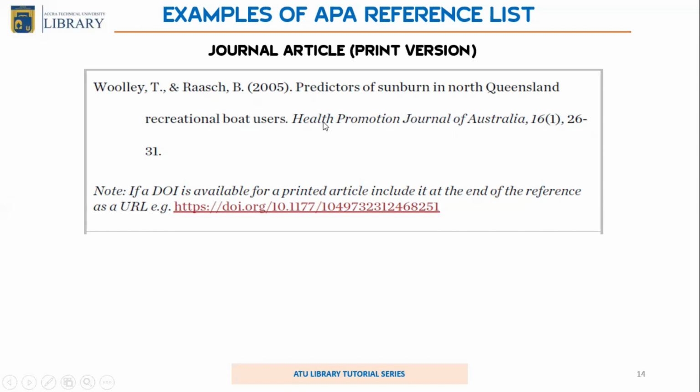So we have the title of the journal being italicized, the title of the article not being italicized, the volume italicized, and the issue number not. In situations where you have DOIs, that is how you have to present them. And this is the 7th edition way of the APA to present what? DOI. It should be in a link form. We start with the HTTPS, and it follows with the DOI.